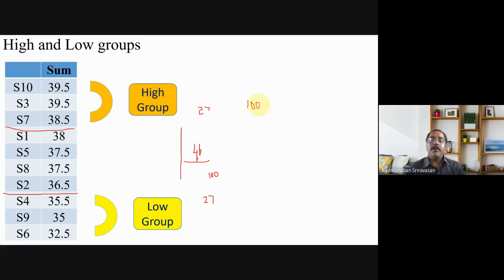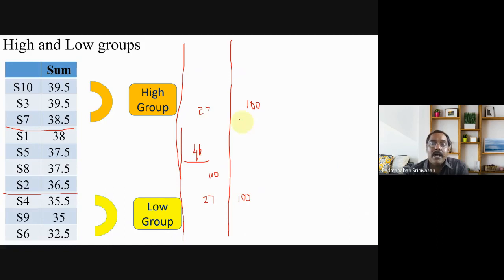Suppose I want to have 100 people in the high group and 100 persons in the bottom group, how many samples do I have to take in total?